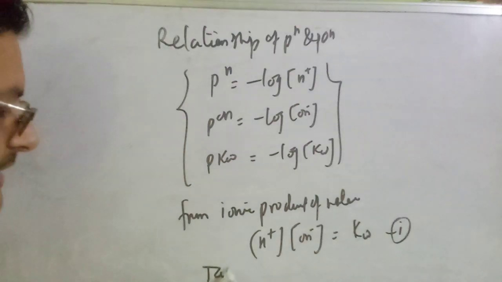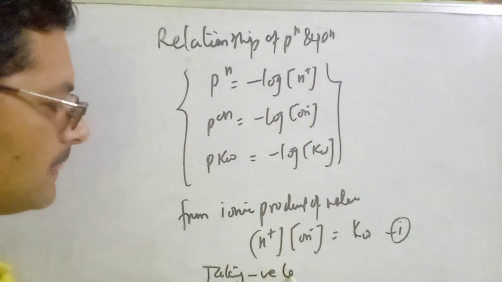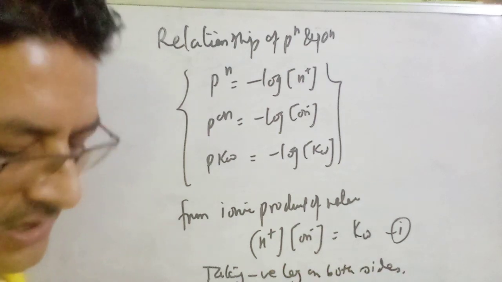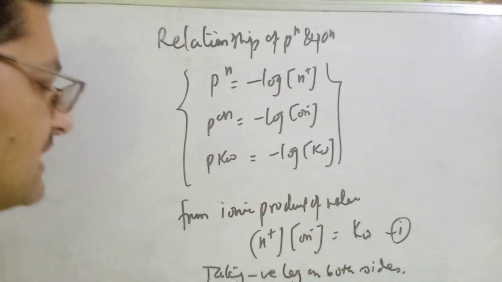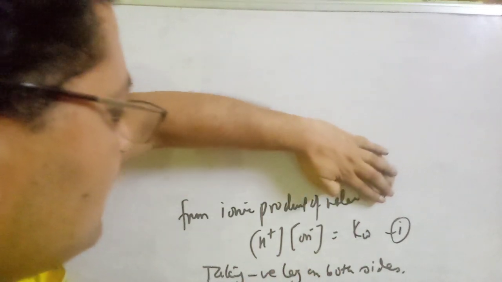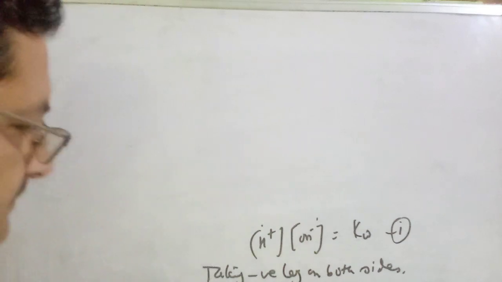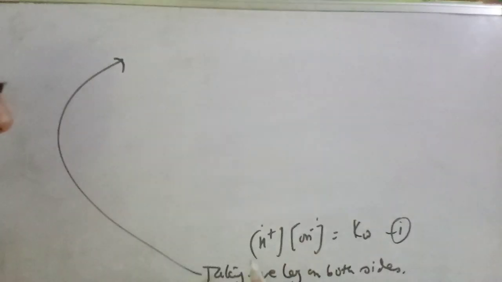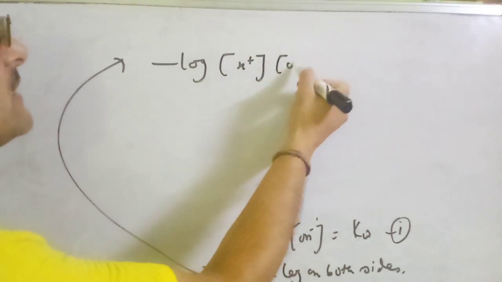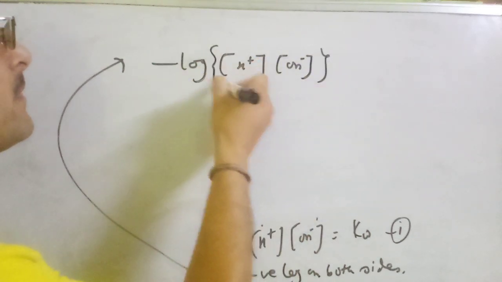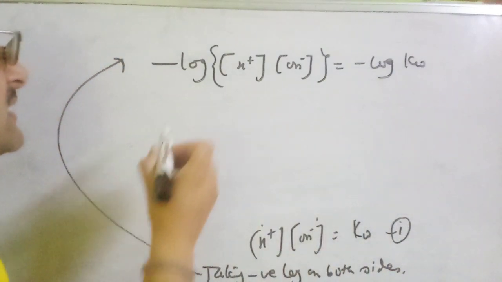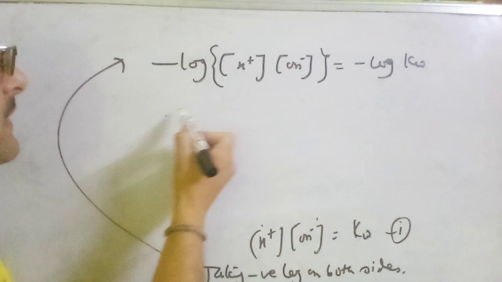Now taking negative log on both sides. So how do we take negative log on both sides? If we take negative log on both sides of this equation, then what do you get? Negative log of [H+] multiplied by [OH-] equals negative log of KW, right? So this is log AB.